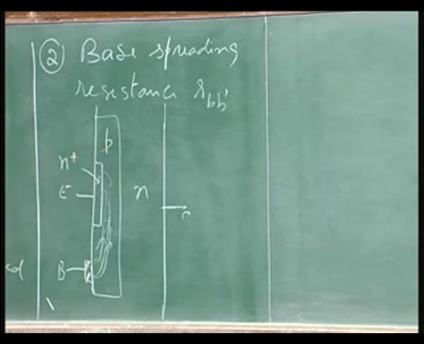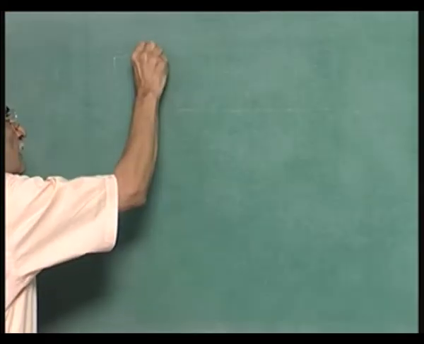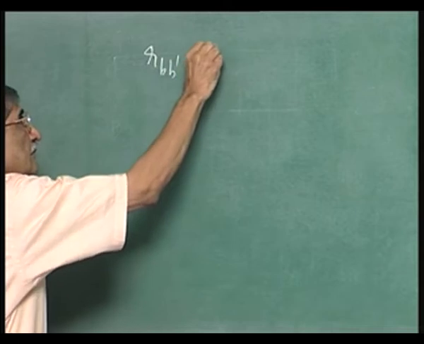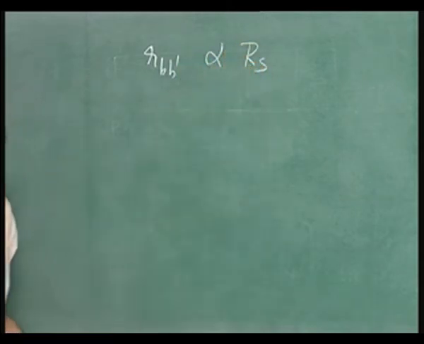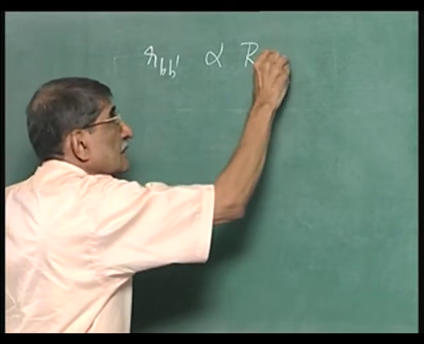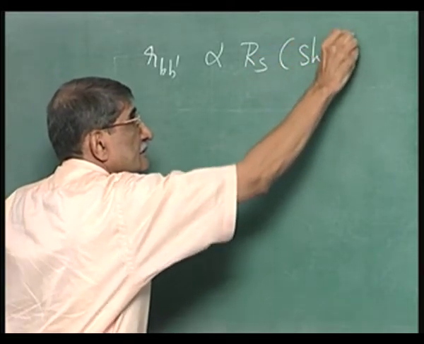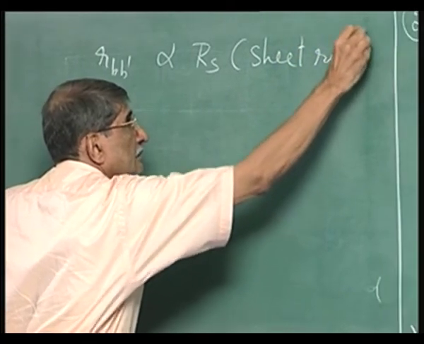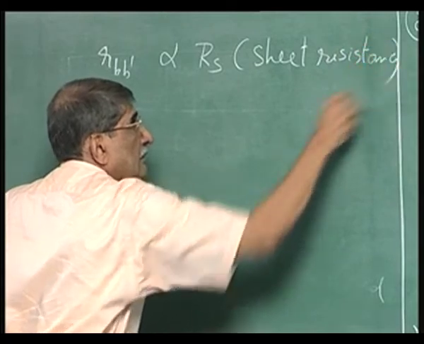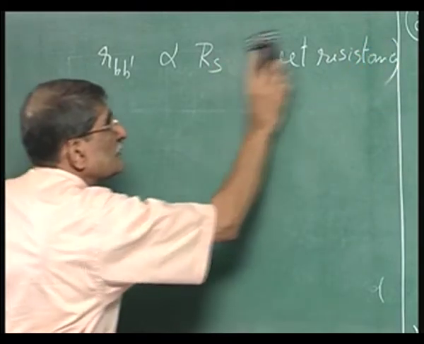And the spreading resistance is proportional to, can I remove this now? So, this is noted down now. The resistance RBB dash will be proportional to RS, where RS is the sheet resistance.